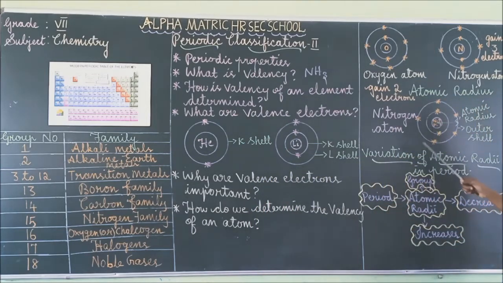So this is the nitrogen atom. Inside the nucleus, 7 neutrons as well as 7 protons are present. This is the center part of the nucleus. So the distance between the center of the nucleus to its outermost shell, which is the outermost shell for this nitrogen atom, is called the atomic radius.